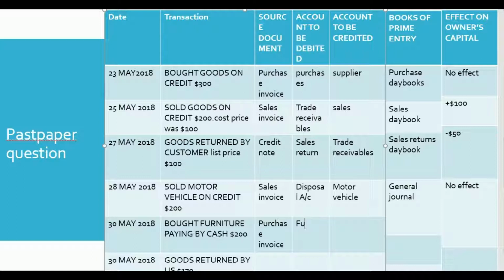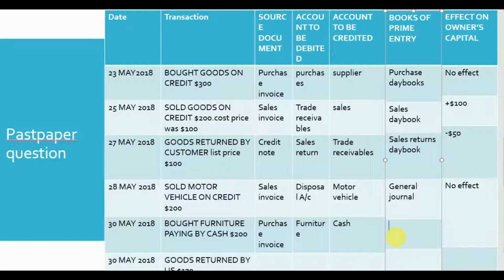So the same logic, furniture account. Sorry, the spelling is incorrect. Furniture. Okay, then we have account to be credited, the cash is going out of the business, so we will record cash. And the books of prime entry is the general journal.